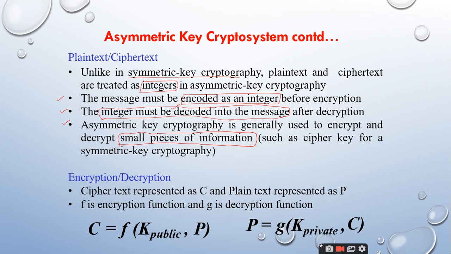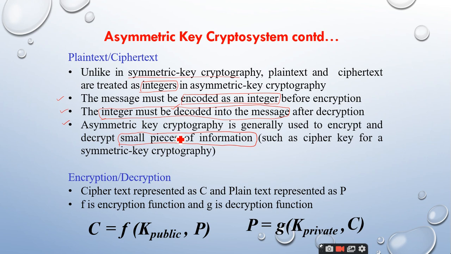Small pieces of information can be encrypted and decrypted using asymmetric. If you want to encrypt large data, what do you have to use? Is it symmetric or asymmetric? Symmetric, sir. Symmetric. For small pieces of data, you have to go for asymmetric.